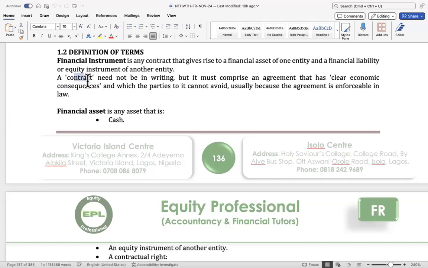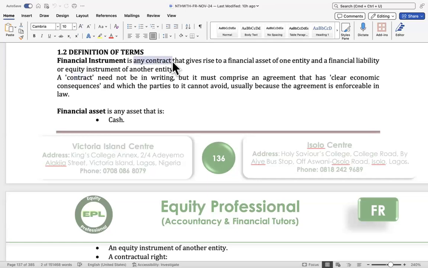It's just an agreement in whatever way we want to agree. Once we agree, and each party consents and agrees, we have a contract. It doesn't have to be in writing. So for a financial instrument to exist, there needs to be a contract.